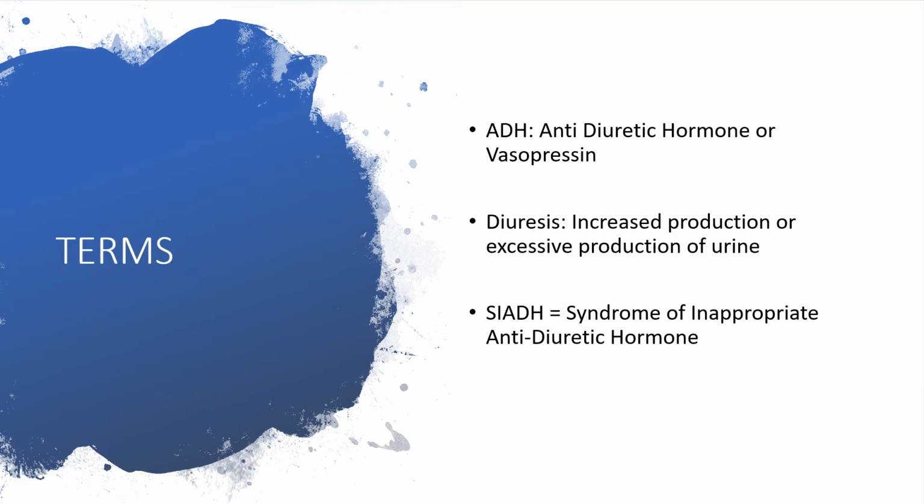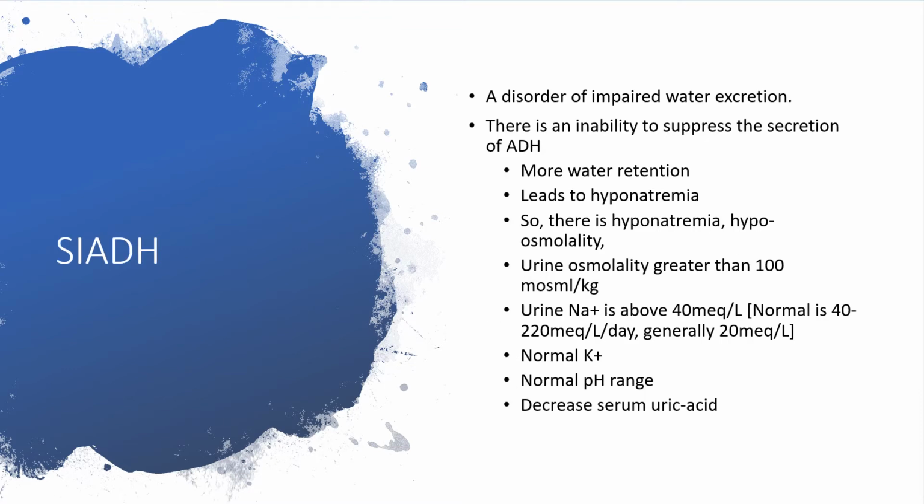And what are we going to see? You should be interested now. SIADH is a disorder of impaired water excretion. There is an inability to suppress the secretion of ADH. And what are we going to be dealing with? More water will be retained.